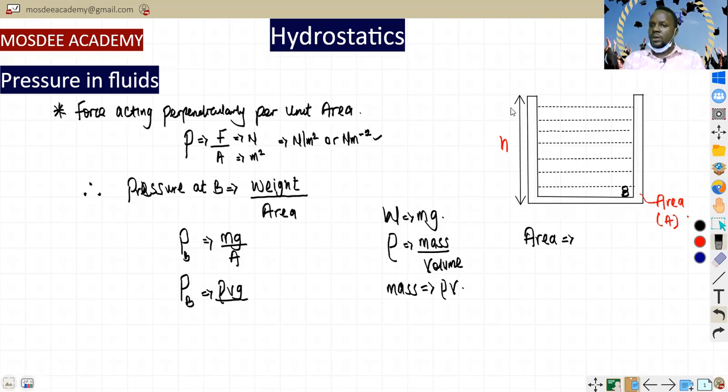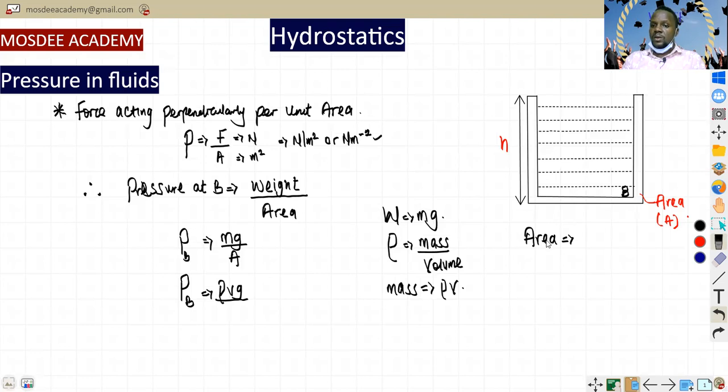In this situation, you have to be careful: you can say height and this distance. So area can be the height times the distance from here to here, which you can call the length. Always keep it at the back of your mind.